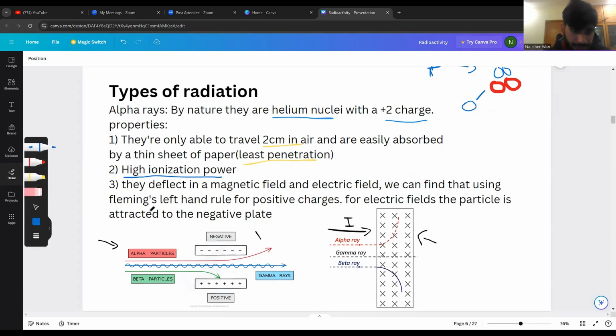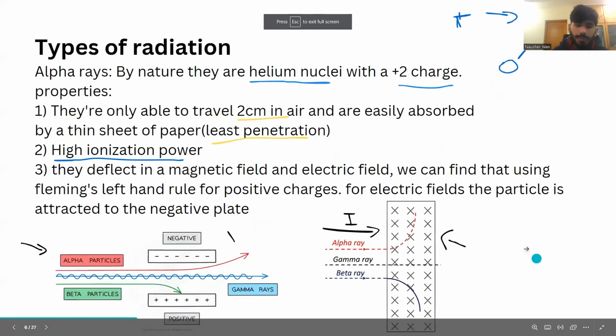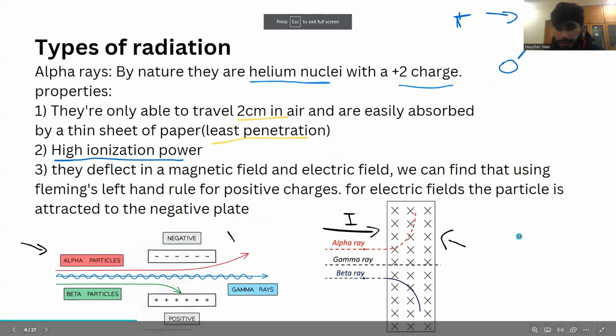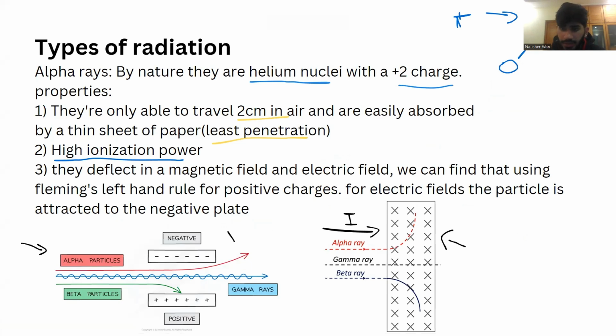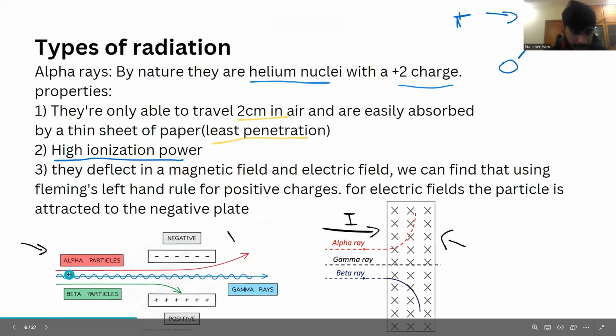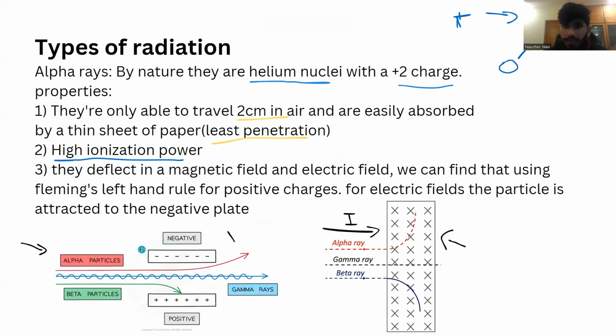Now, thirdly, alpha rays deflect in a magnetic and electric field. This is to say that when you pass them through either an electric or a magnetic field, you're going to see their pathway start to deviate, start to change. Now, if you look at this example over here, this is passing it through an electric field.